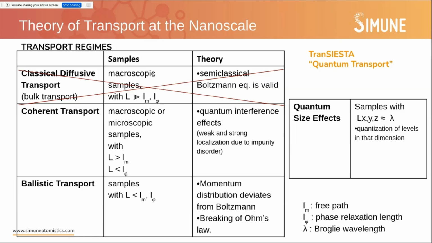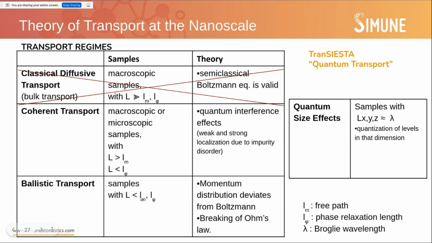In such a case, transport is described by the semi-classical Boltzmann equation. Then there is coherent transport in the intermediate regime, when the length of the device is still greater than the mean free path, but smaller than the phase relaxation length. There is no decoherence of wave functions, and this corresponds to quantum interference effects.